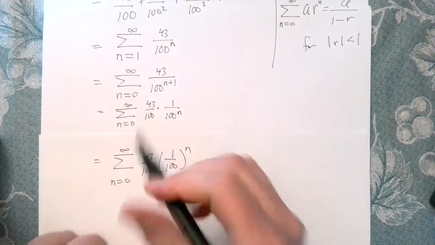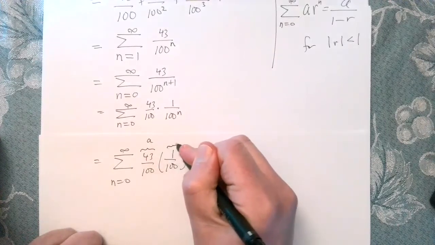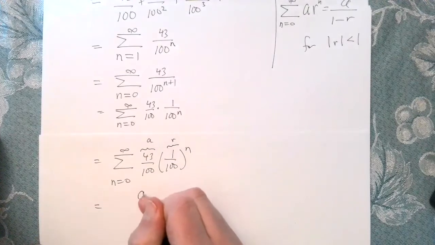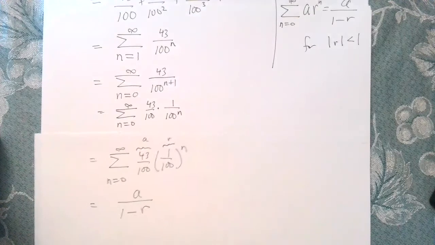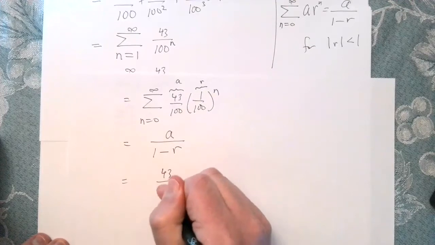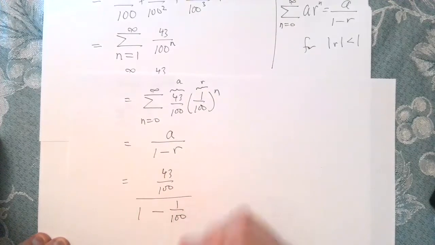And this is nice because this is exactly our A, and this is exactly our R. And so this is equal to A over 1 minus R. And that's exactly 43 over 100 over 1 minus 1 over 100.